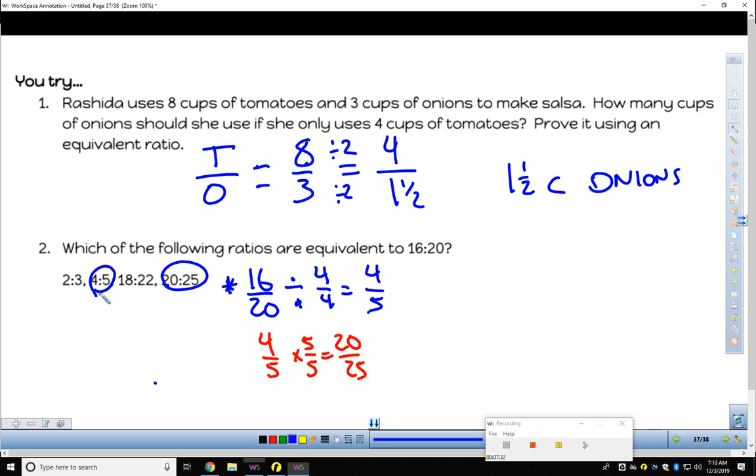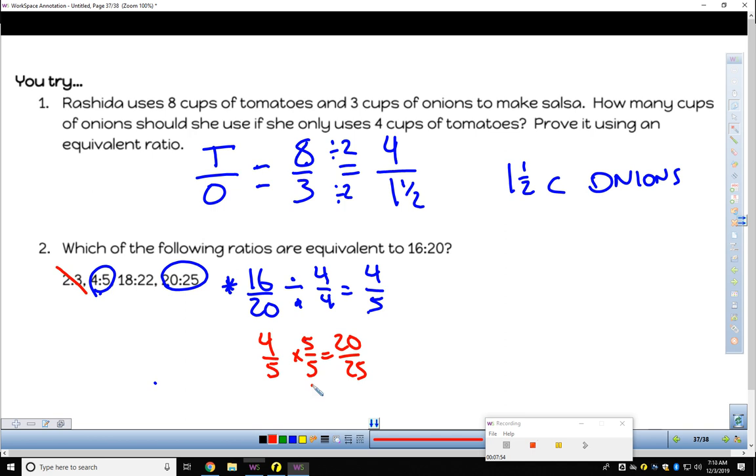I know that 4/5 and 2/3 are not equivalent, so I know that it can't be 2/3. And then I took 4/5 and tried to see if I could get it to equal 18 to 22 or 20 to 25. And it just so happens that I could get it to equal 20 to 25. So that was my other answer.